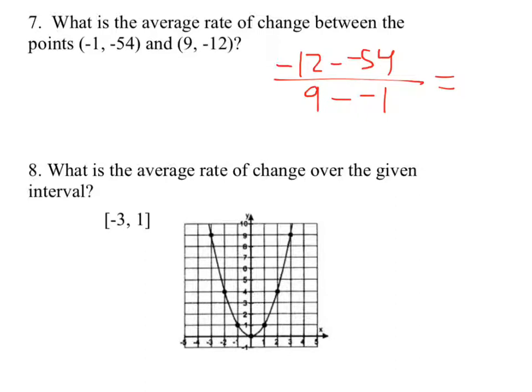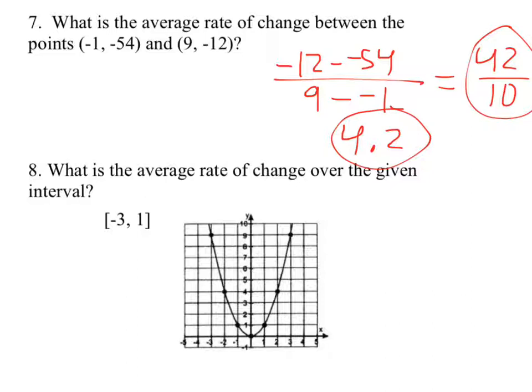The calculator's not working very well: negative 12 minus negative 54 is negative 12 plus 54, which is going to be 42. And then 9 minus negative 1 is the same thing as 10, which would make this 4.2, or you can just leave it as 42 tenths.